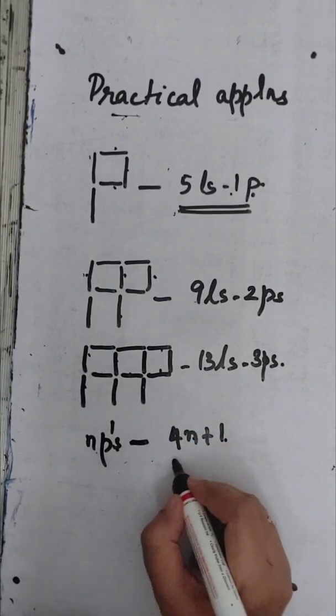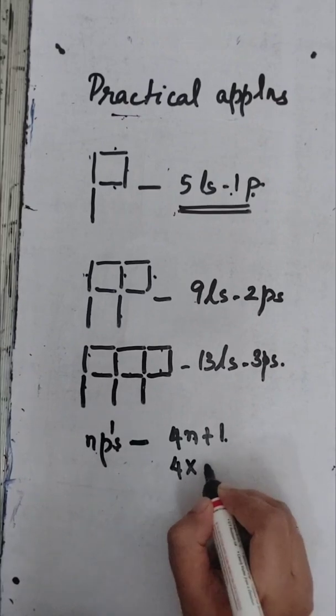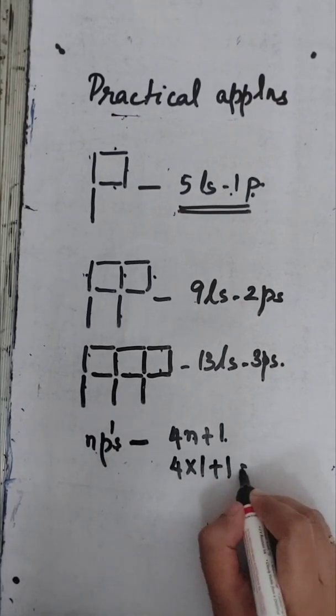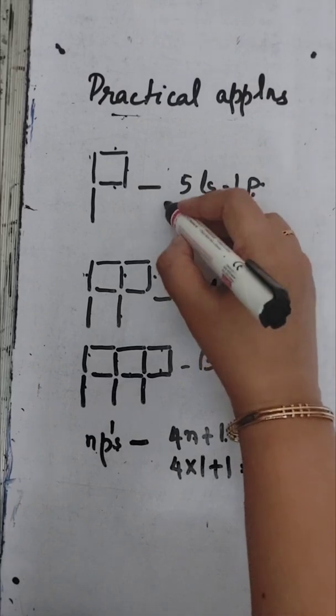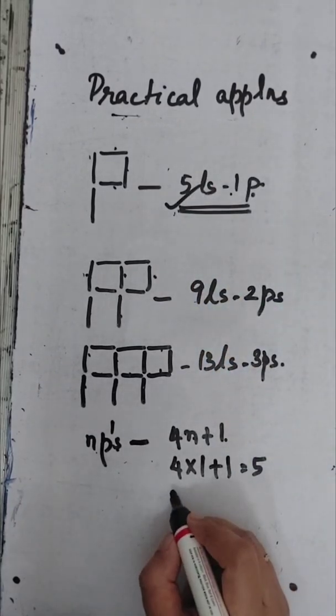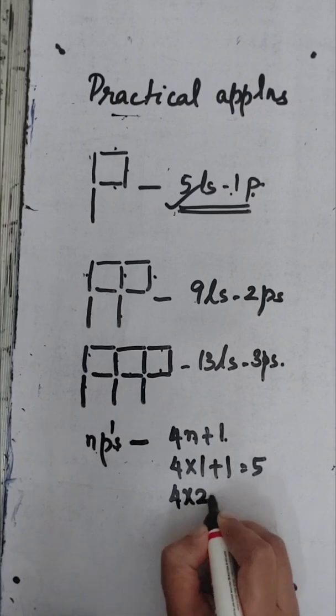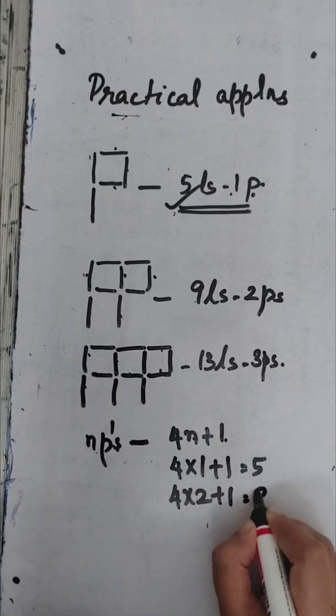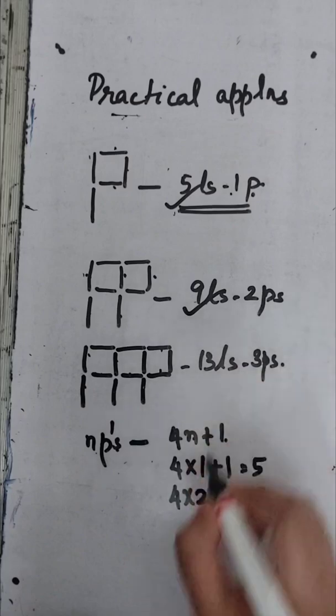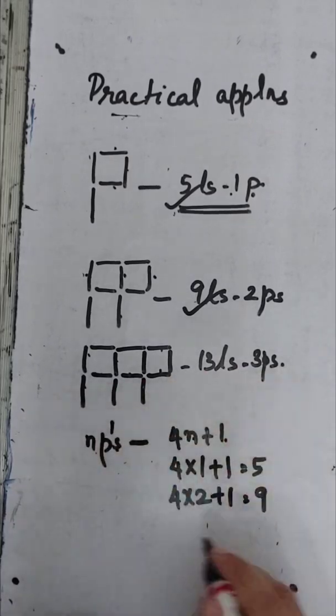Now try substituting this. 4 into 1 plus 1, that is 5. 5 line segments, correct? Now for making 2p's, how many are required? 4 into 2 plus 1, 9 line segments, correct? For making 3p's, how many are required?